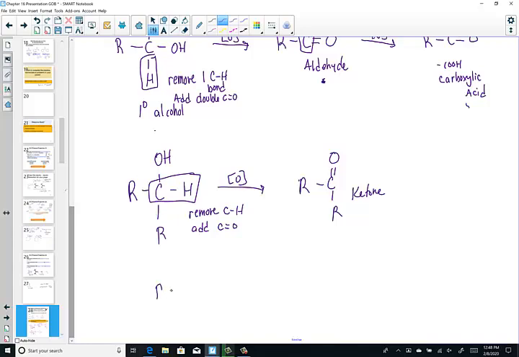And I remember learning that if we had a carbon attached to 3 other carbons, this was what we called a tertiary alcohol, which has no CH bonds, therefore no oxidation can occur.